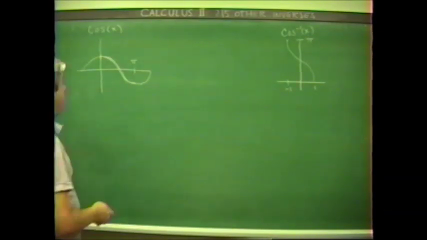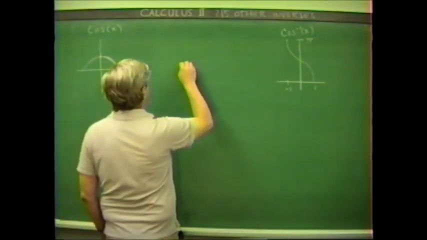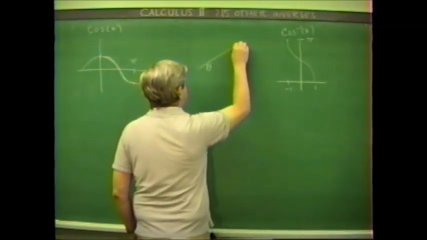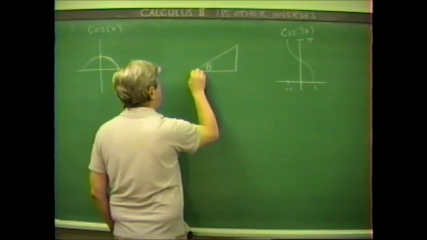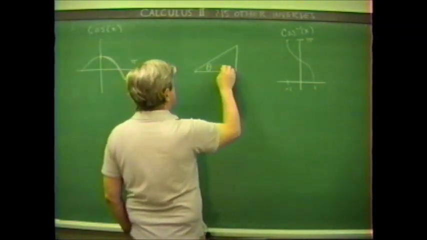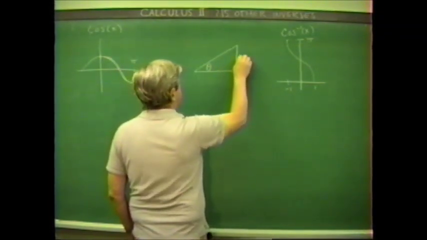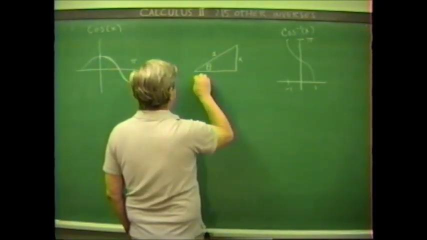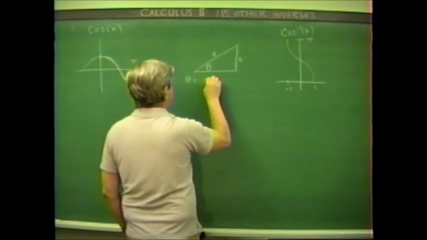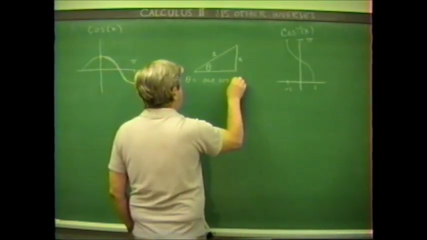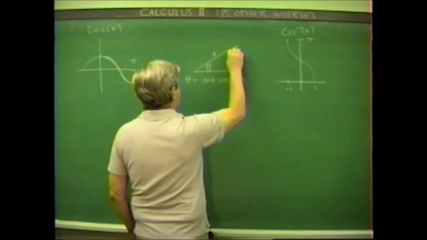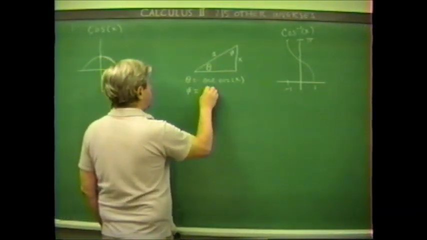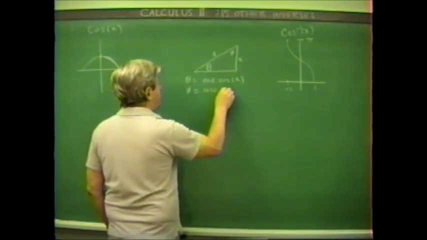However, if you think about it, you look at a triangle. If theta is the angle whose cosine is x, so here's x to 1, and theta equals arc cosine of x, then phi, the other angle in the triangle, is going to be the arc sine of x.